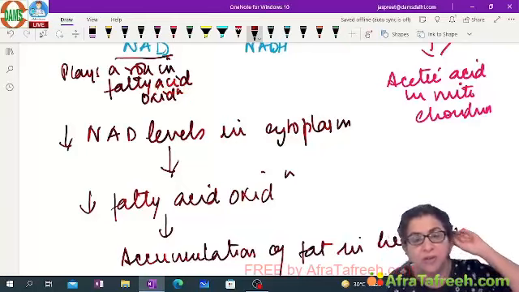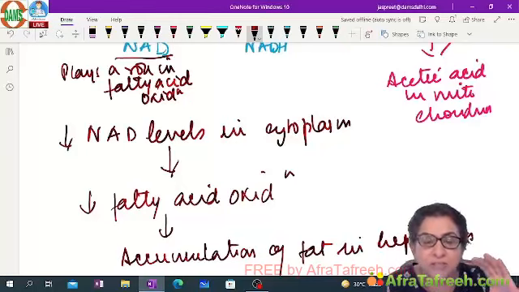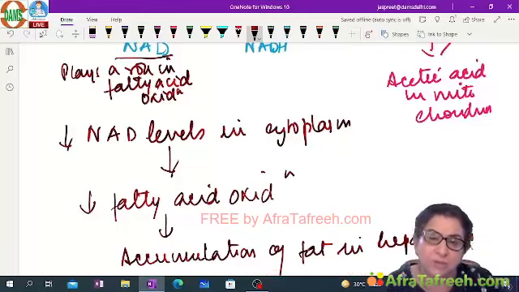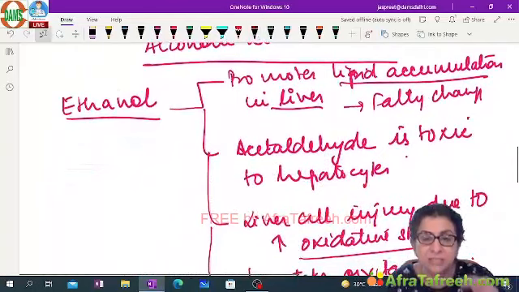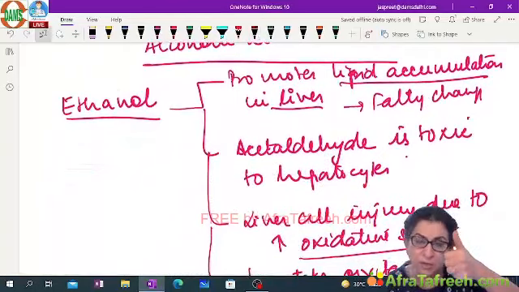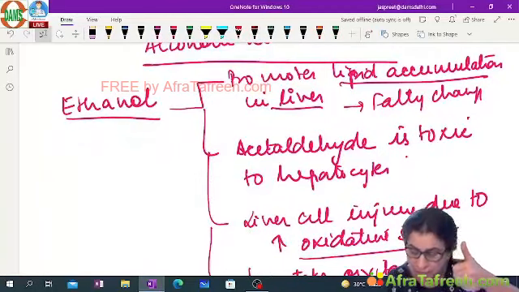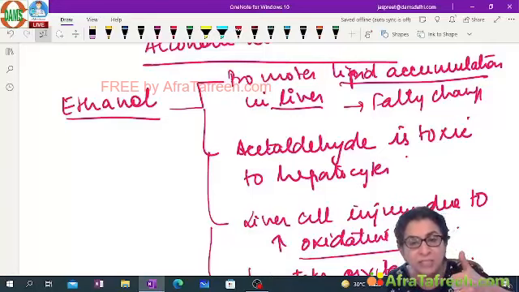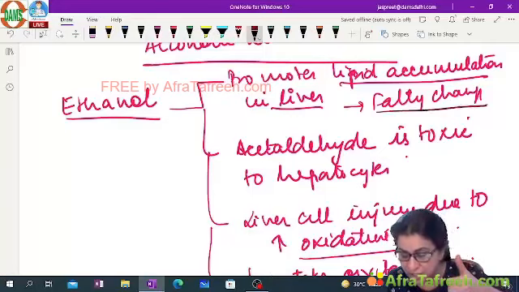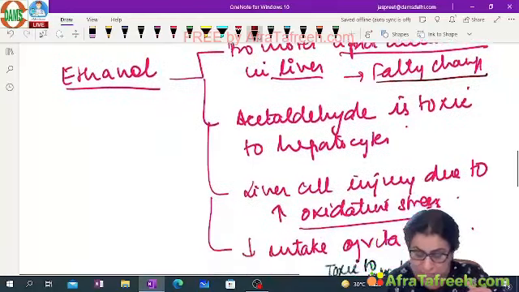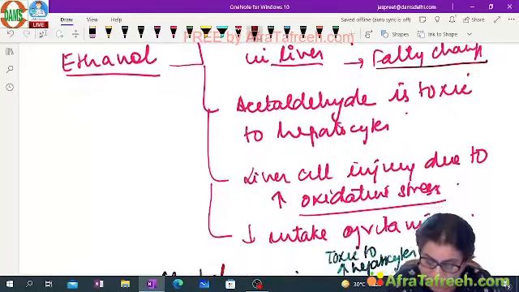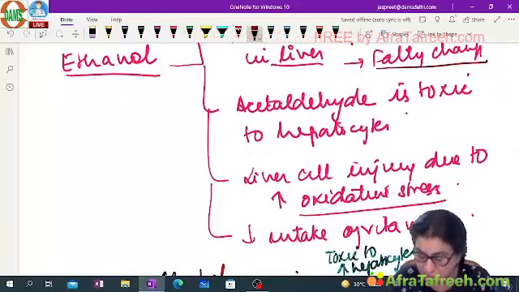So this is the pathogenesis of alcohol-induced liver injury. Once again, in alcoholic liver disease, ethanol number one causes fatty liver, and that fat accumulates inside the hepatocytes, which is going to damage the hepatocytes. Second, when ethanol is metabolized, acetaldehyde is produced, which is toxic to the hepatocytes.